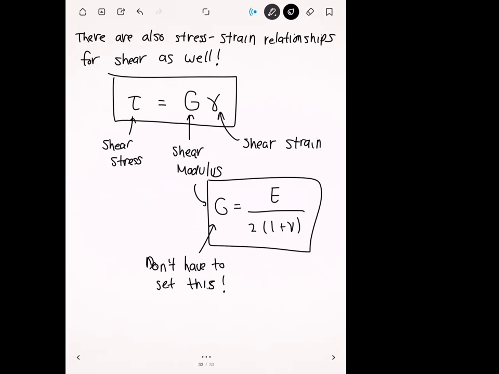In the activity next week, I'm going to have you create a custom material. Even though technically shear modulus is something that ANSYS needs in order to solve the simulation, it's not something you're going to put in manually. The only things you're going to put in are the Young's modulus and the Poisson's ratio right here.